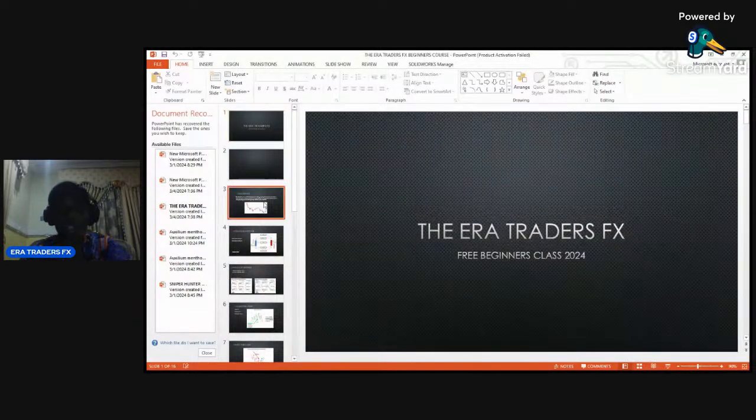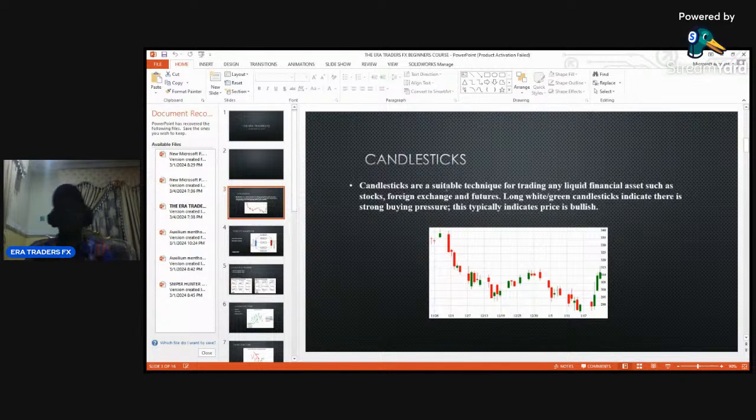When you enter, the first thing you come across is your candlesticks. The market moves up and down, but it does not just move up once. Candlesticks show how the market is moving.